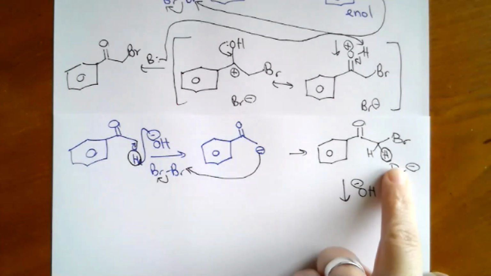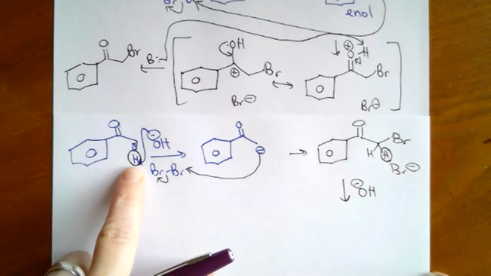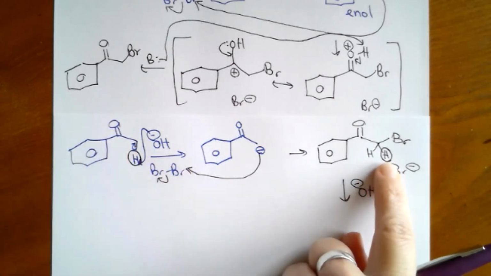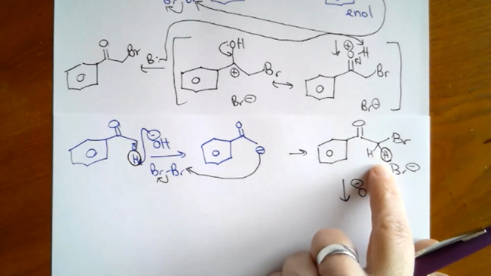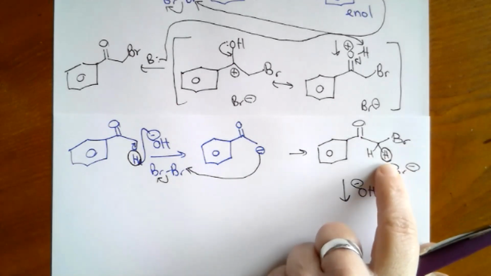The blue one is the alpha hydrogen of a ketone, so you've got one electron withdrawing group next door. The purple one is still the alpha hydrogen of a ketone, with one withdrawing group next door. But adding the bromine creates more inductive pull on this hydrogen, making it more acidic.